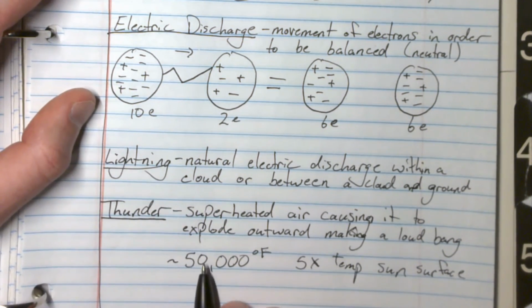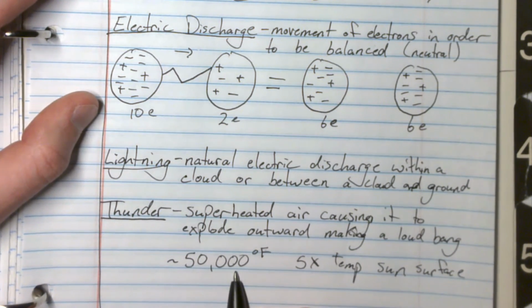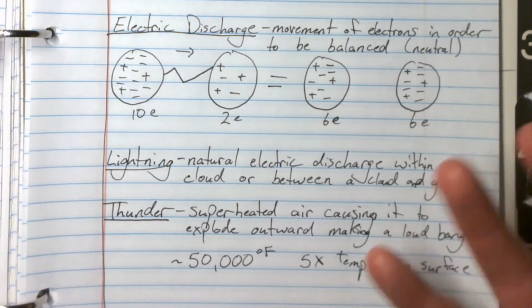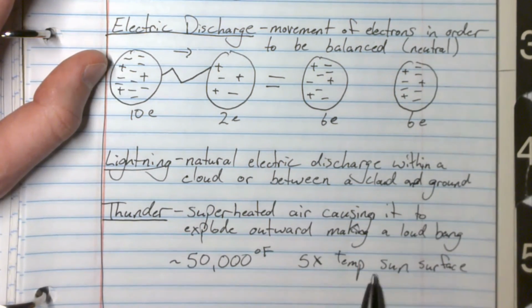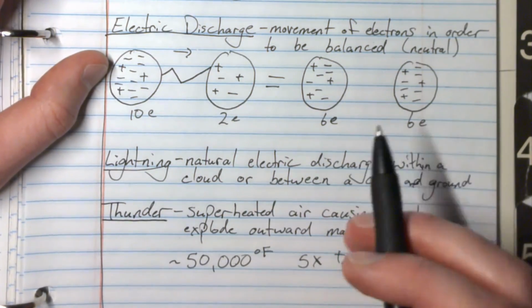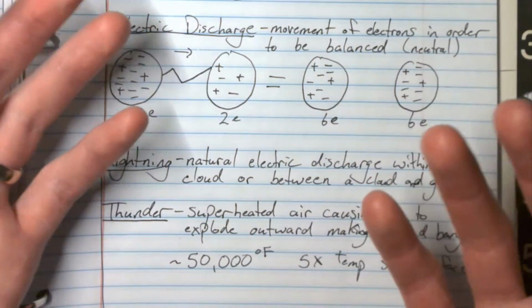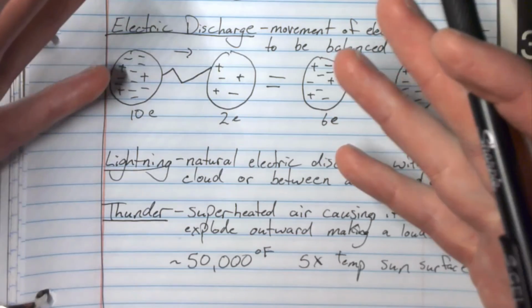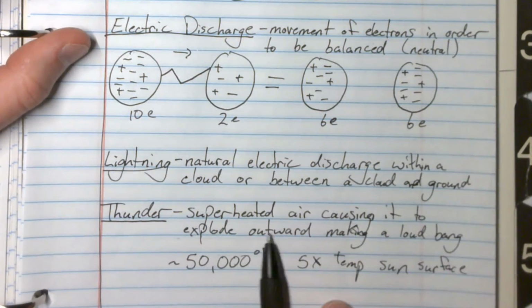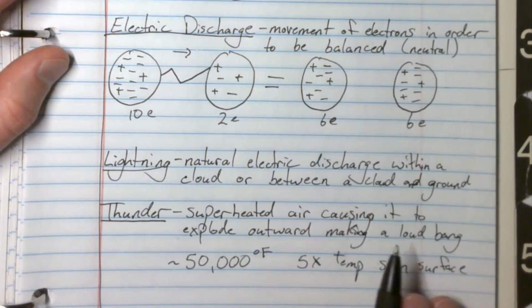It could probably be a little cooler depending on the voltage. Obviously, some lightning strikes are a lot bigger than others. And so that can vary. But in any case, it is because of that superheated air. It got so hot that when things heat up, they expand because they have more energy. It takes up more space really quickly, expanding, and that's how they get the noise. So that's super cool as well.